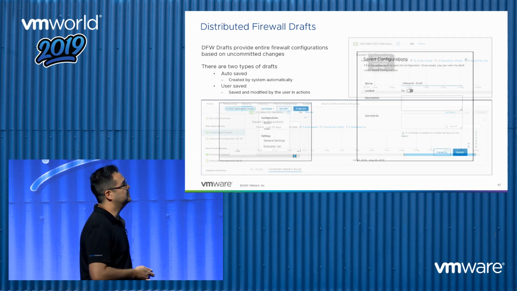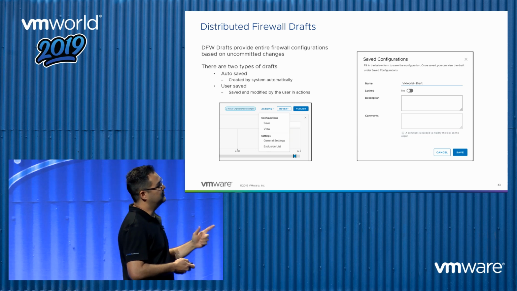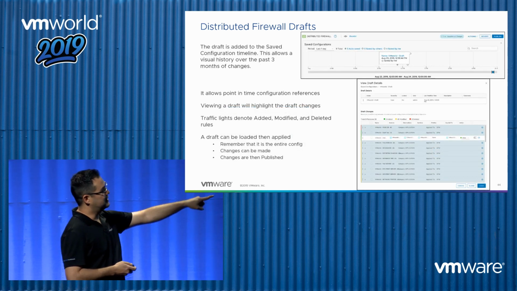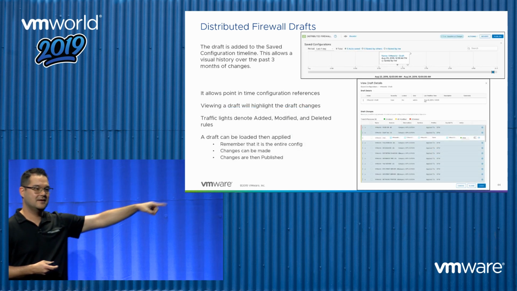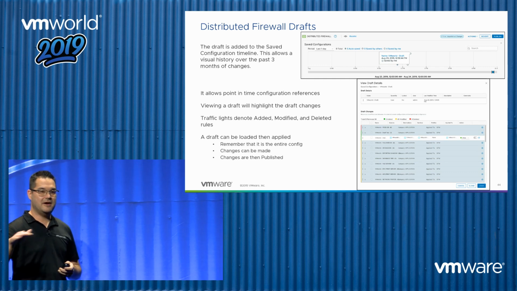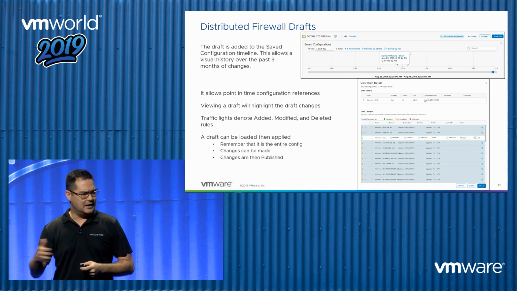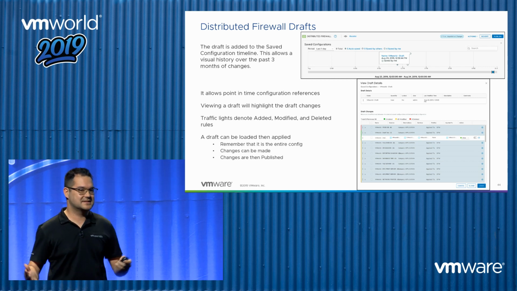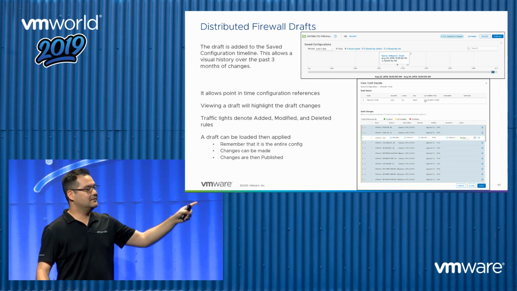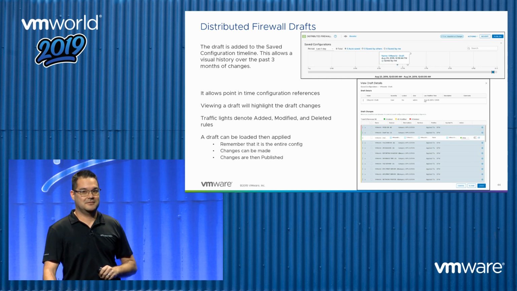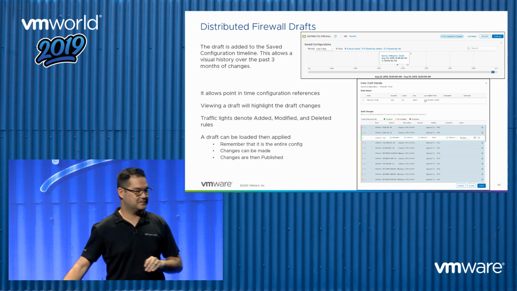And it will actually tell you which rules have changed. So on the bottom right-hand side there, it will give you a traffic light system. A red means it was deleted, green means it was added, yellow or orange means that something changed. Admittedly, it doesn't tell you what changed. It just tells you that something in that rule changed.